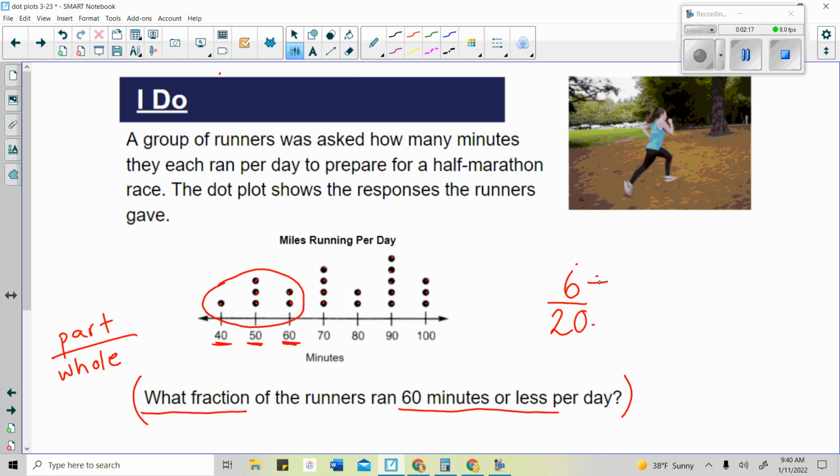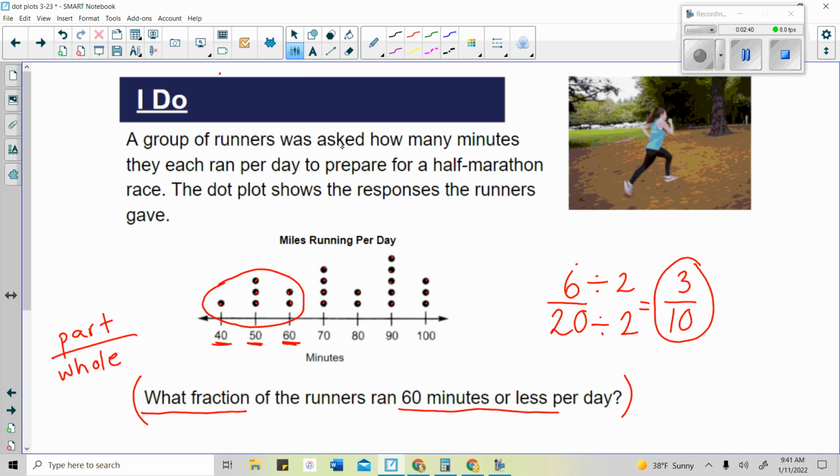Well, they are both even numbers, so I know that I can divide them both by 2. So 6 divided by 2 is 3, and 20 divided by 2 is 10. Now, is there anything that I can divide those by? No, 3 is actually a prime number and could only be divided by 1 and 3, and 10 cannot be divided by that. So there's my final answer, 3/10.